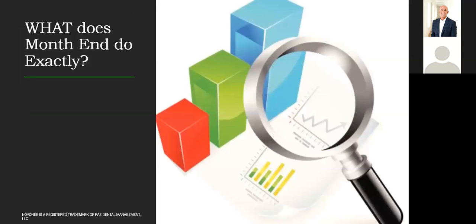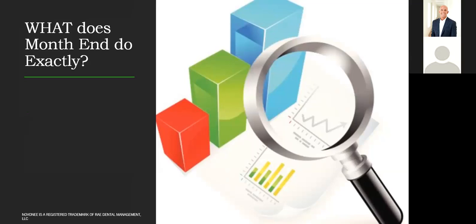Now let's look exactly at what the month end does. And so back in the day, prior to G6.5, Dental Intel is going to offer you a tip sheet that you can download. It's a PDF download that will show you how the month end process worked prior to G6.5, and what the month end process looks like after G6.5.